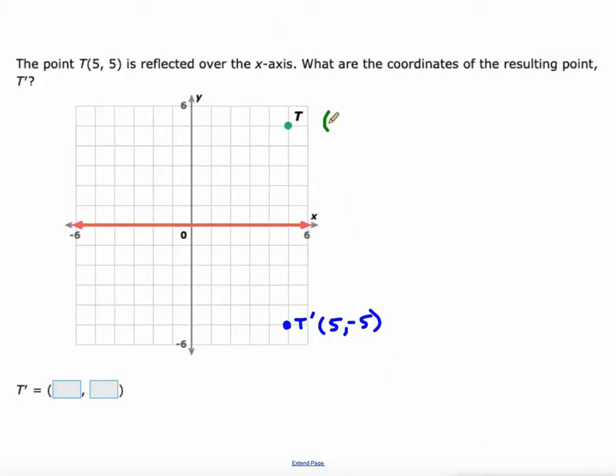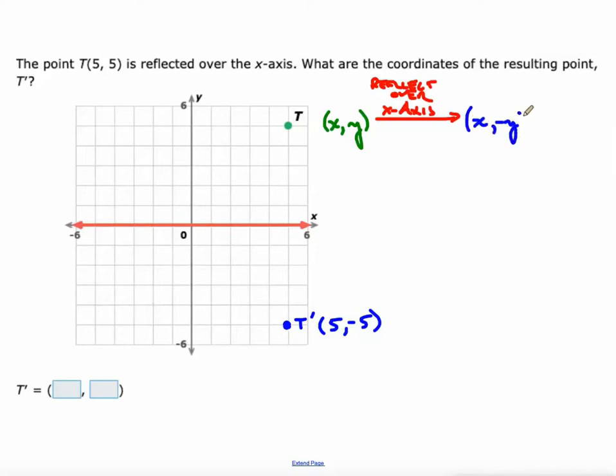The rule is if you have a point in this form, x, y, and you reflect over the x-axis, the new point would become in this form, x, negative y.